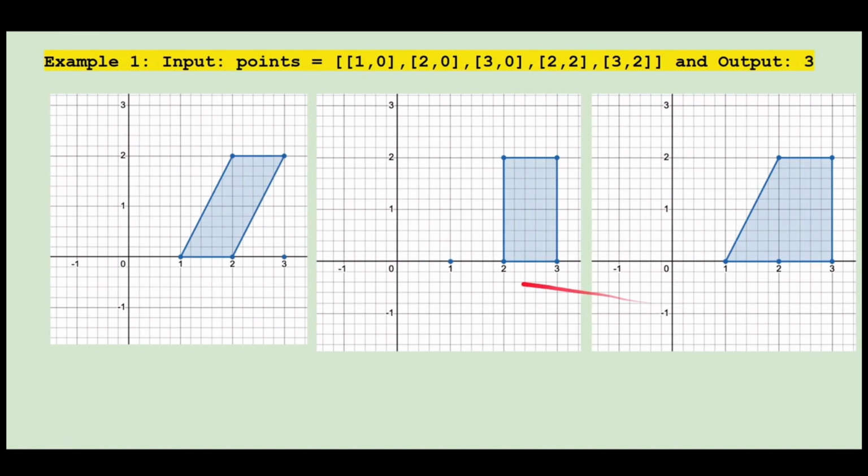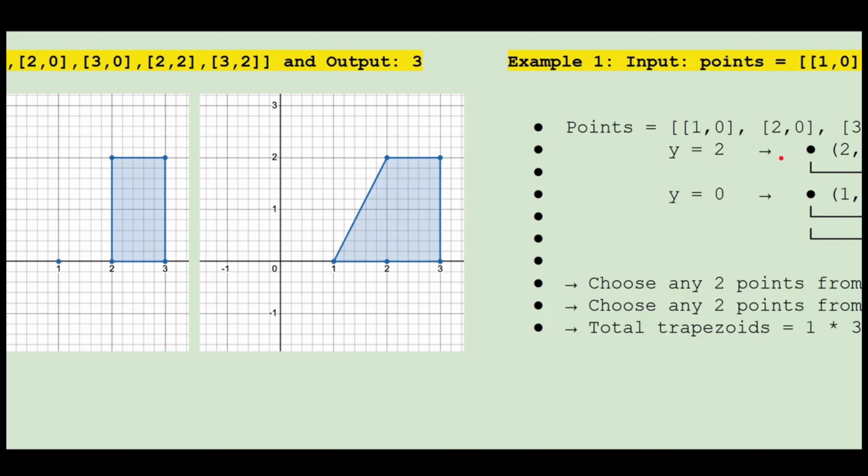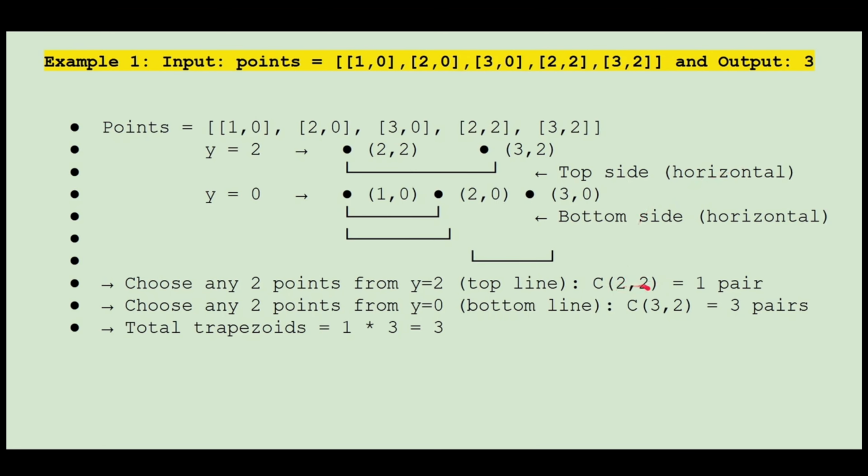Let's come back to here. When we are considering y equal to 2, so 2 2 means this point we are talking about, right? And this is 3. So when we are taking 2, we can form this on the Cartesian plane, this axis, and similarly we can make this axis also, right? And here also there are 3 options we have. That is why it is saying from 3 we have to choose 2, right?